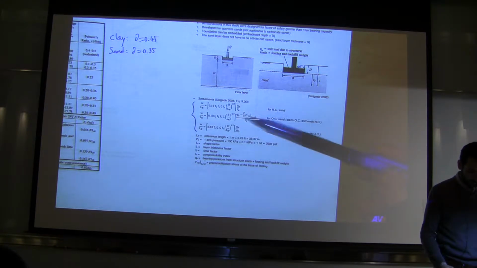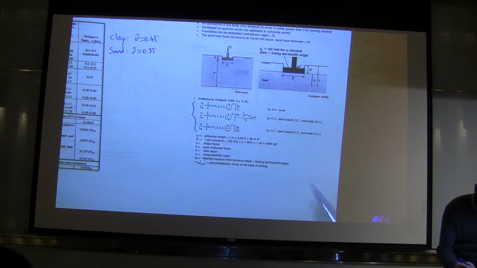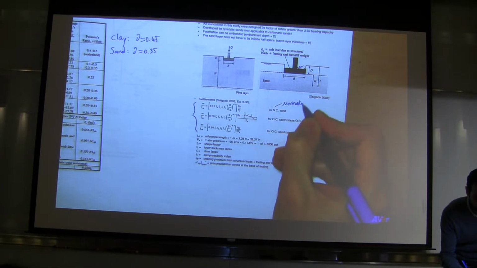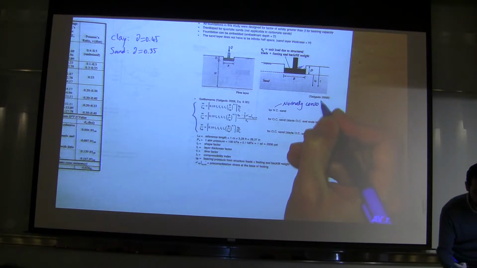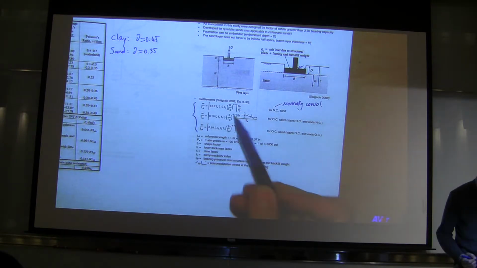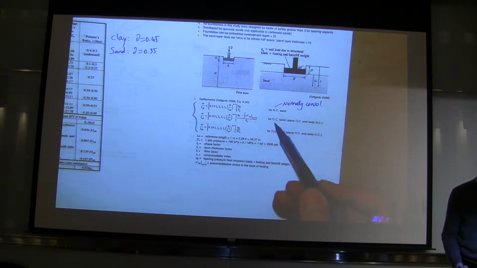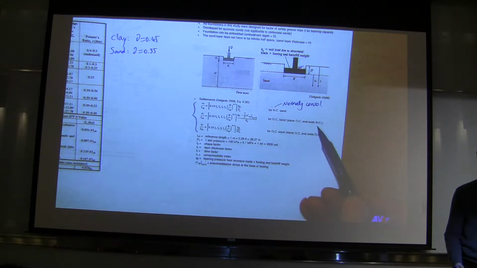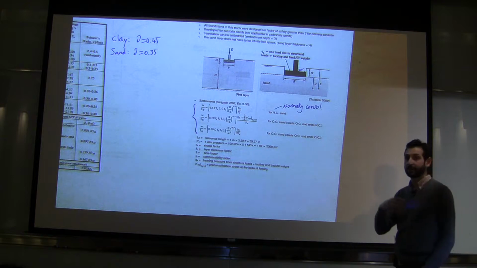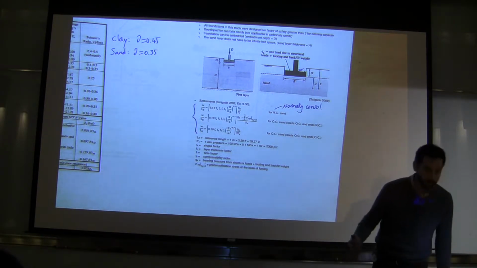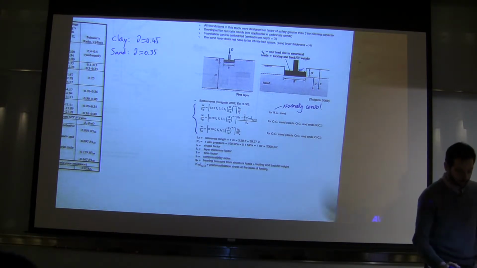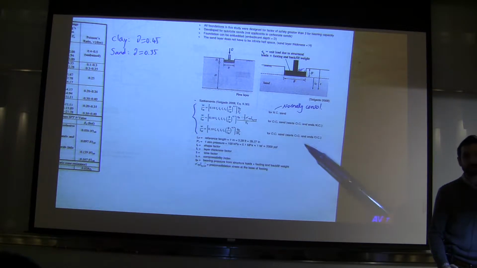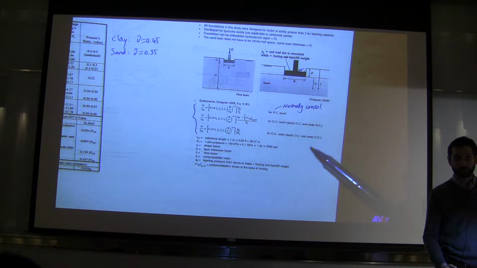We have for normally consolidated sand, use that equation. For over-consolidated sand that starts OC and ends NC, so it starts over-consolidated and ends normally consolidated, you use the second equation. For over-consolidated sand that starts OC and ends OC, we use the third equation.